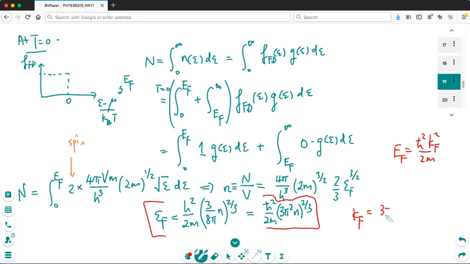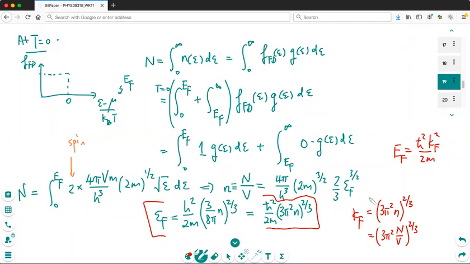This turns out to be 3 pi squared n raised to this power. Now this is nice. I want to give you this picture soon. But now let's look at the dimensionality. This also makes sense because remember little n is big N divided by volume, and you know this has to be correct because what is the unit of kF?